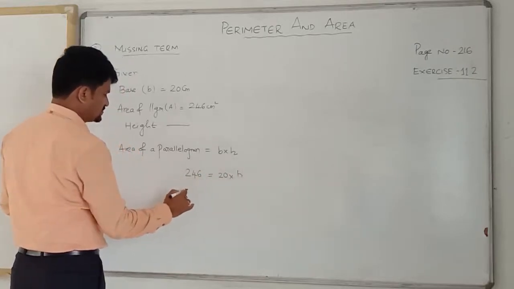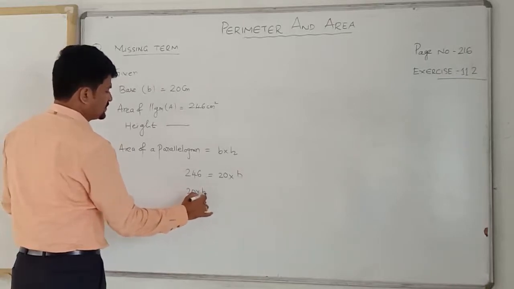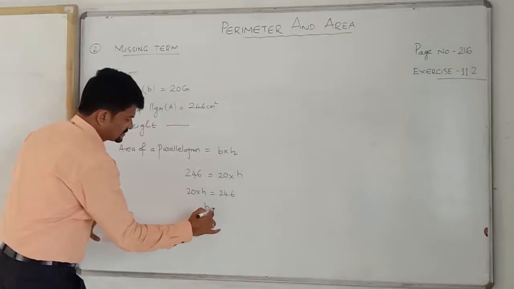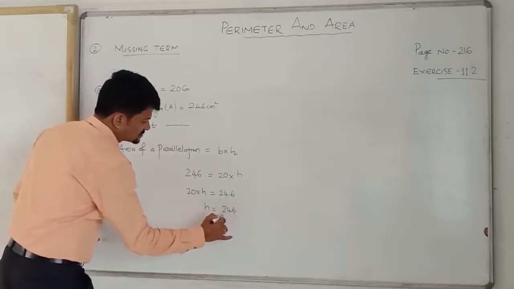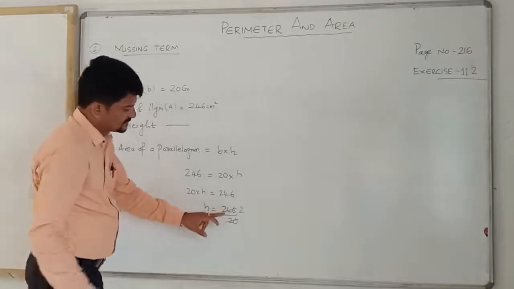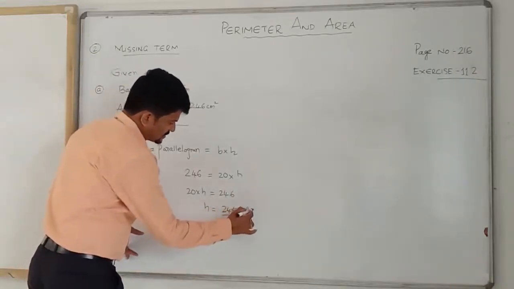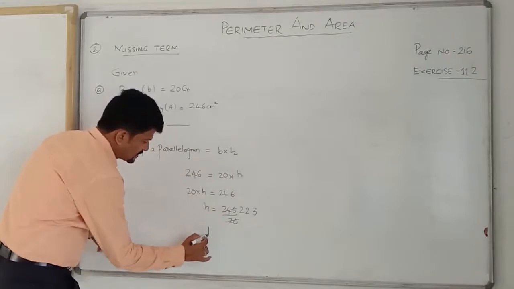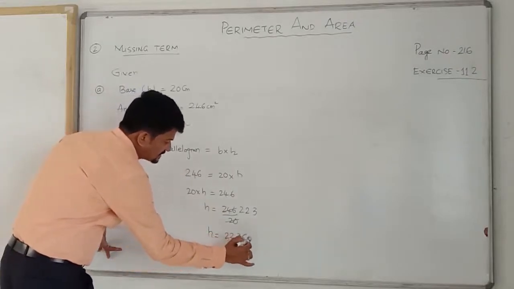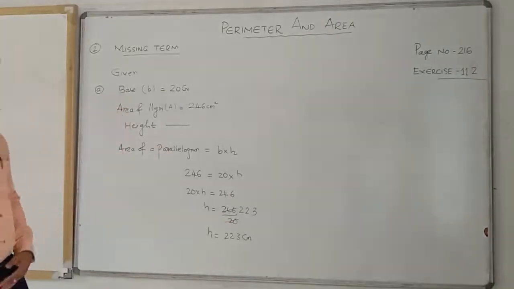That implies 20 into h is equal to 246. Then h is equal to 246 by 20. 22s are 40. Again 22s are 40. Therefore, h is equal to 22.3 centimeters. Got it, children?